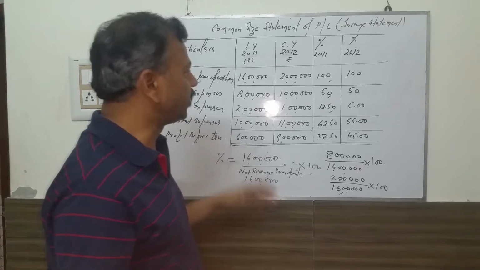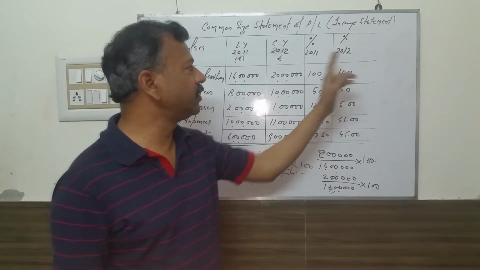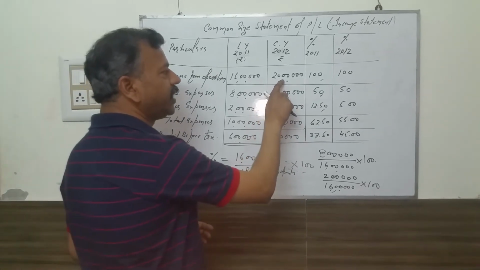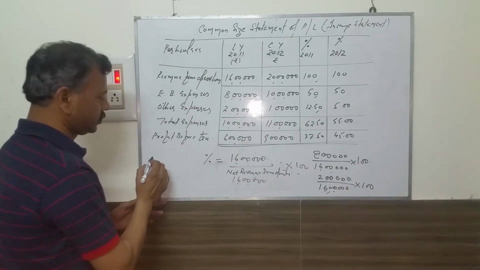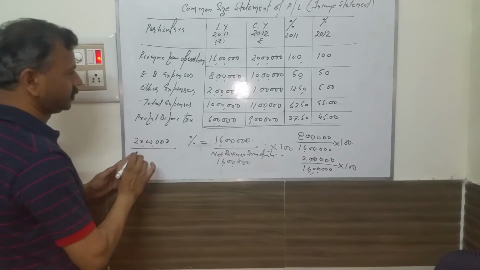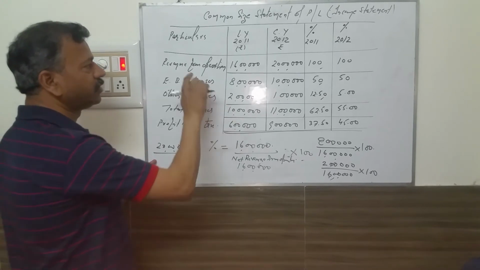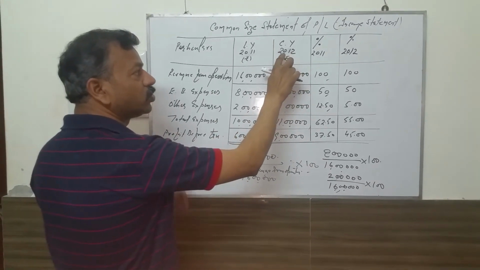In the same way, for the calculation of the percentage for 2012, 20 lakh upon 20 lakh, 20 lakh upon revenue from operation, because now you want to calculate the percentage for 2012.